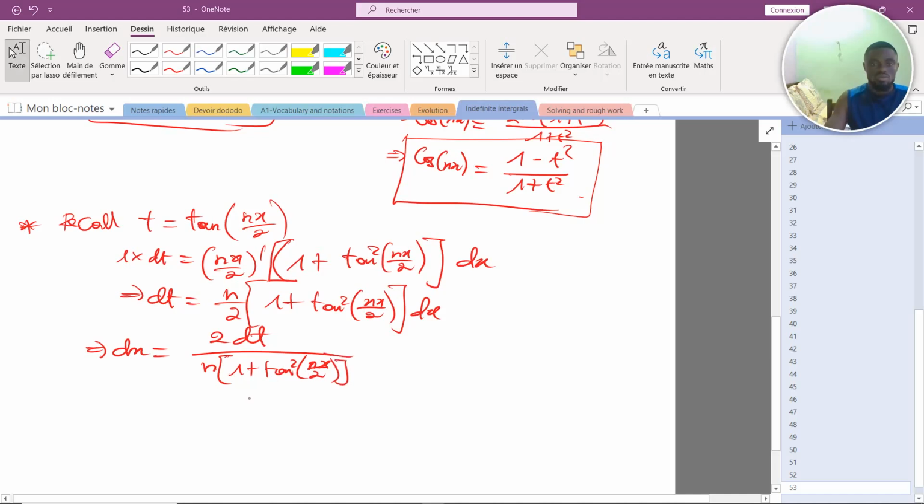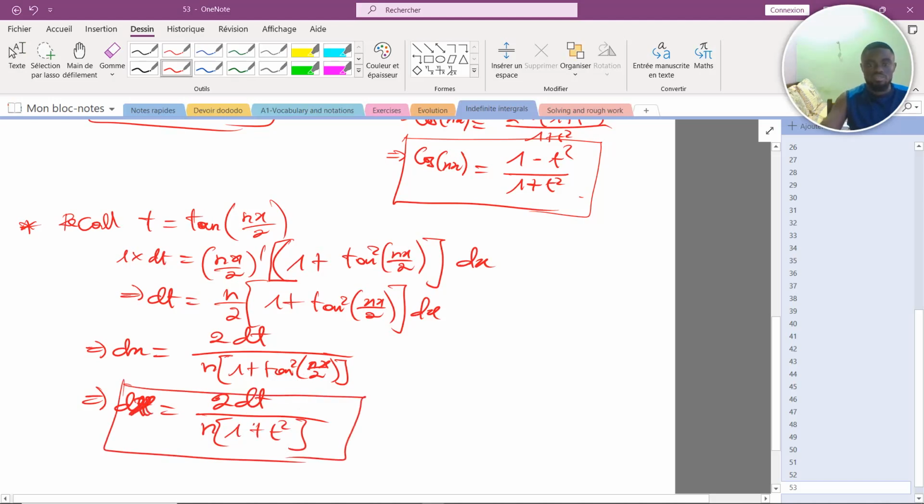Is that okay? But our t was equal to tan nx on 2. So I will replace tan nx on 2 here by t. So this implies our dx will be equal to 2 dt all over n into 1 plus t squared, because when I replace tan nx on 2 by t, all that square will make t squared. So this is our dx.